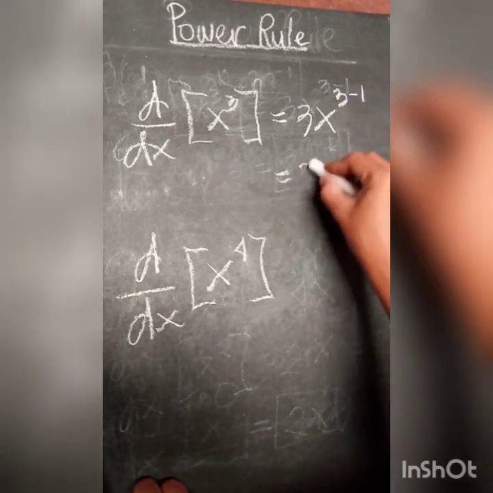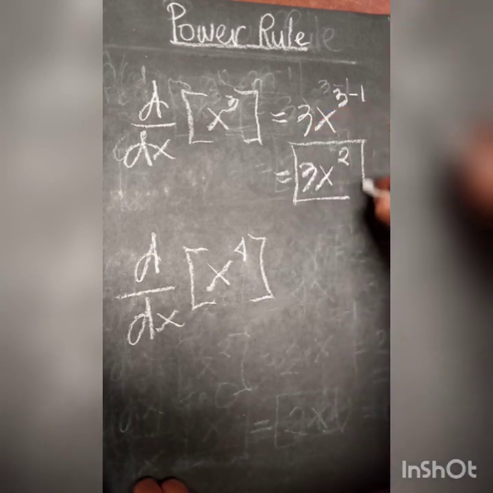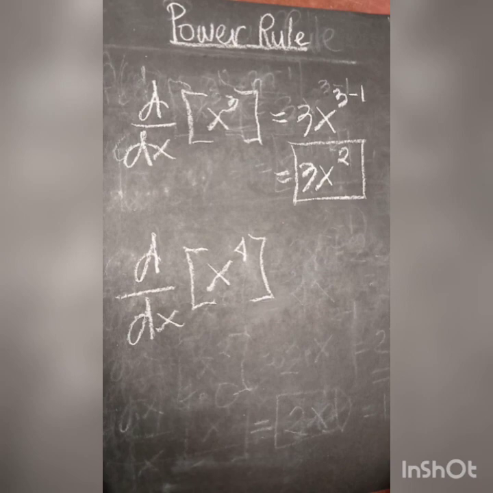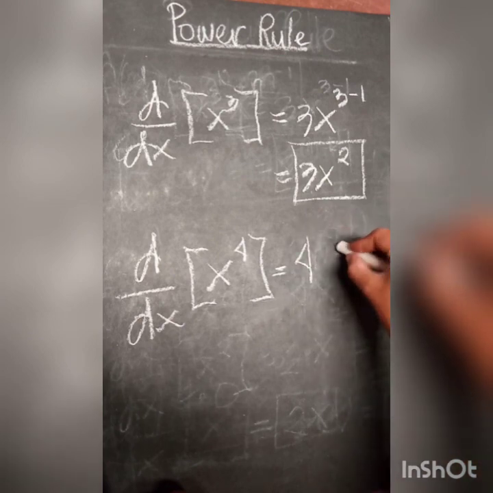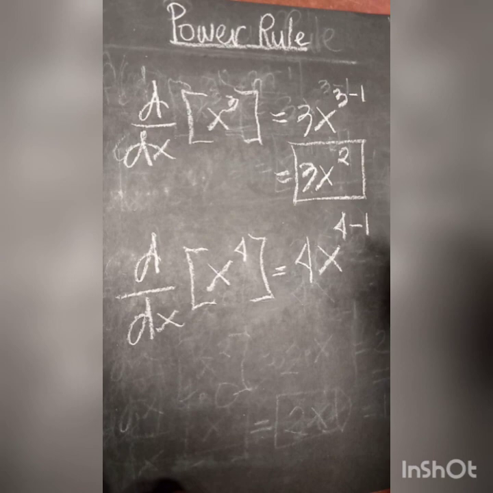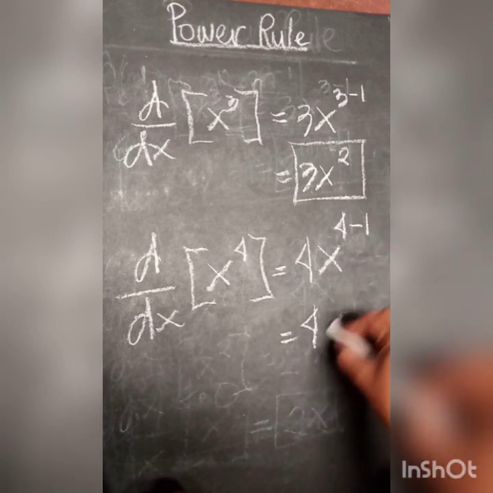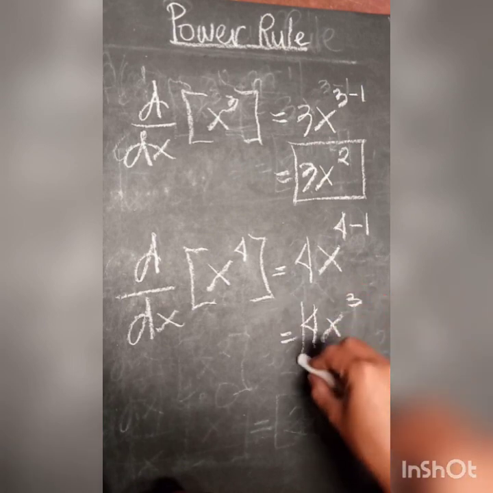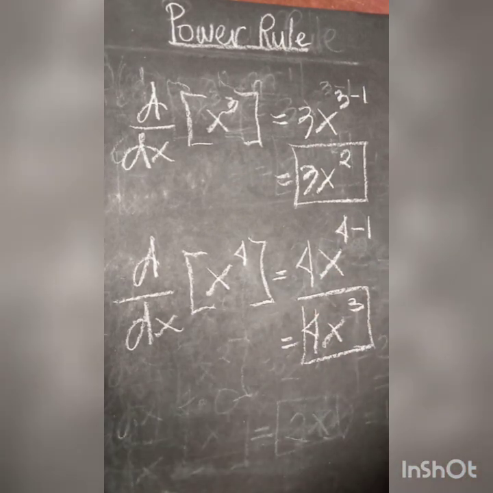So this would be 3x raised to the power of 2. And the second one is the derivative of x raised to the power of 4. So this would be 4x raised to the power of 4 minus 1. So 4 minus 1 is equal to 3. So this would be 4x raised to the power of 3. That's how we can use the power rule to find the derivatives of a function.